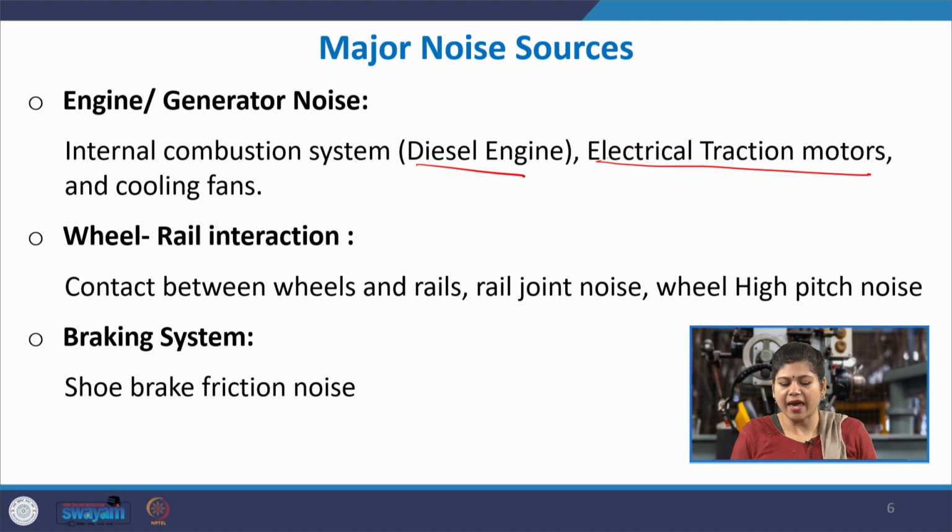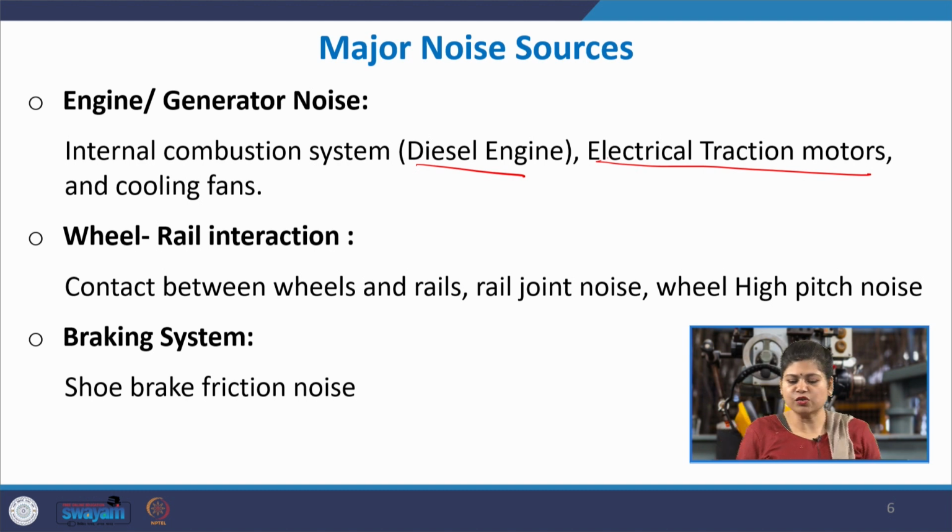Then wheel rail interaction is mainly the noise due to the contact between the wheels and the rails, and whenever they make contact, various kinds of noises could be generated. The first could be rolling noise, just by the wheels rolling over the rail. Because the railways are spread all across India, between any two rail tracks you have joints, which are welded together.